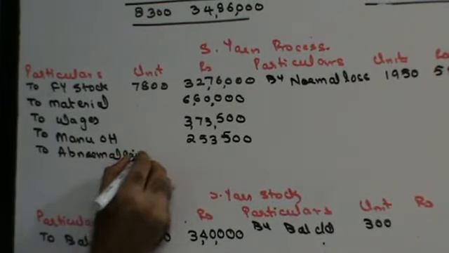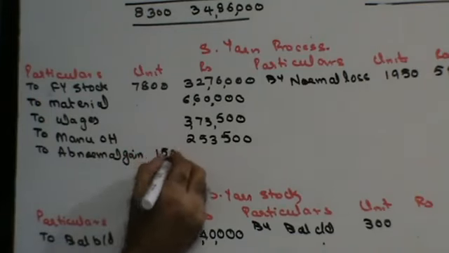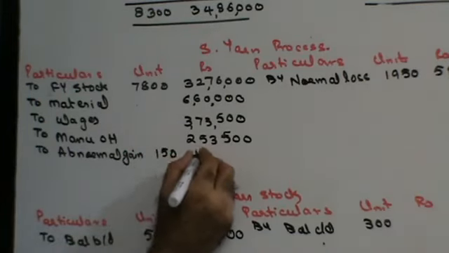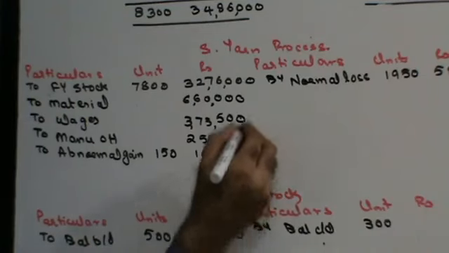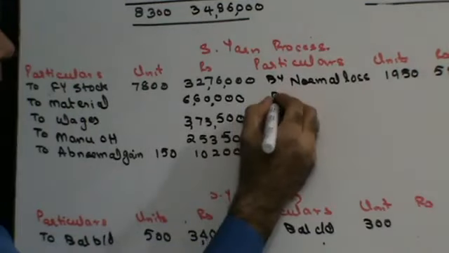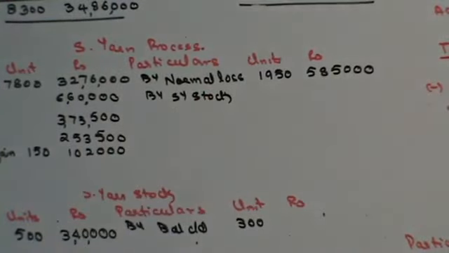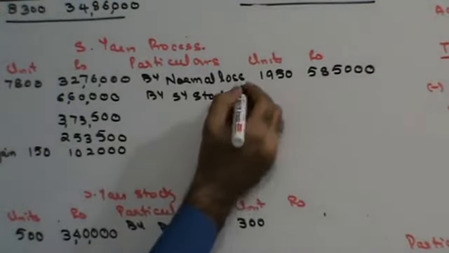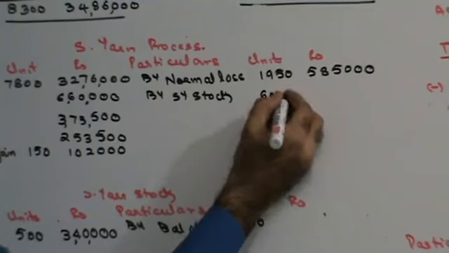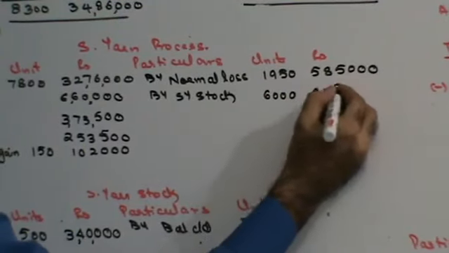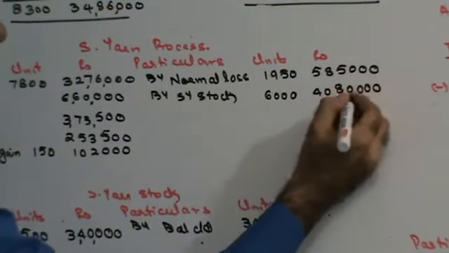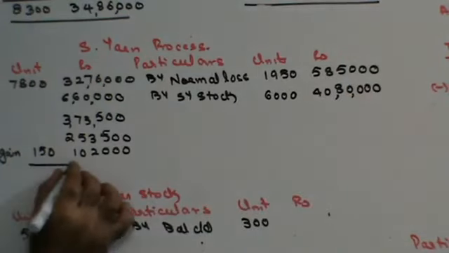Abnormal gain is 150 units and it is 1,02,000. Then you have by SY stock. SY stock is going to be 6,000 and 40,80,000. Right? Let's add this.